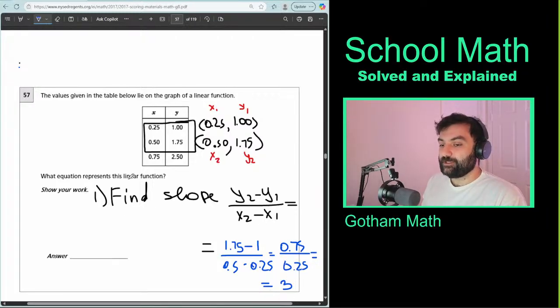So you found slope. This is basically half of what you need to do.